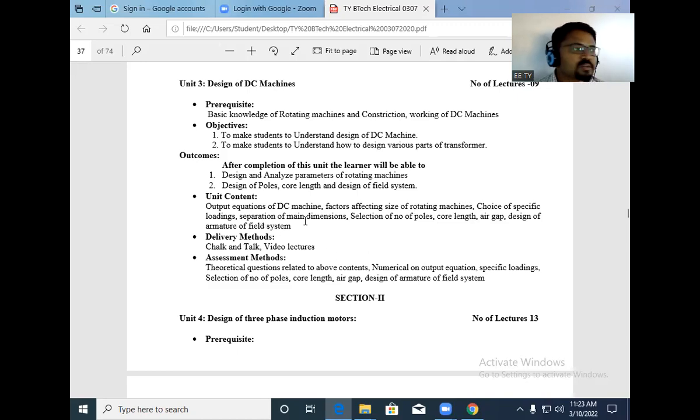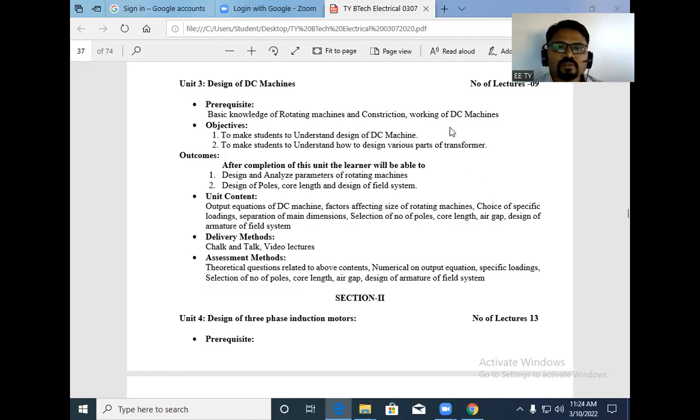Next point, separation of main dimensions. Next, selection of number of poles.